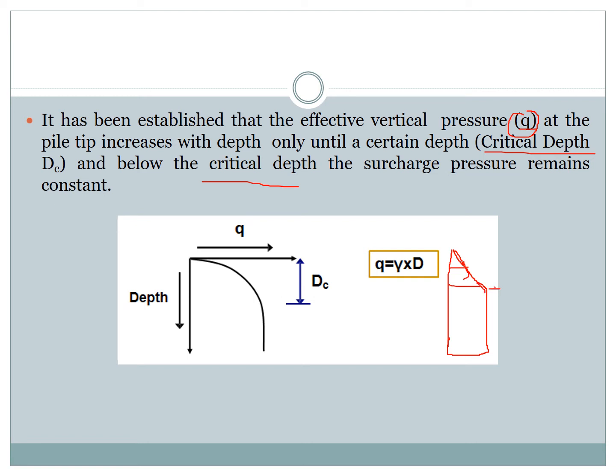In this graph, the axes are the depth and the surcharge pressure or effective vertical pressure, and this is your critical depth, denoted by Dc.